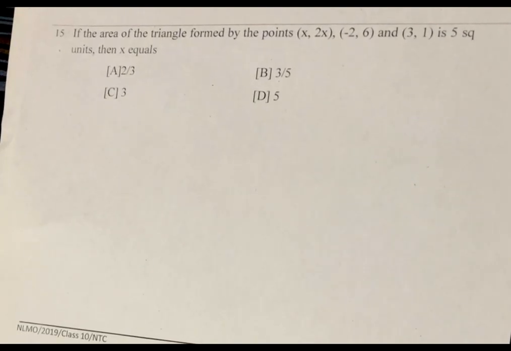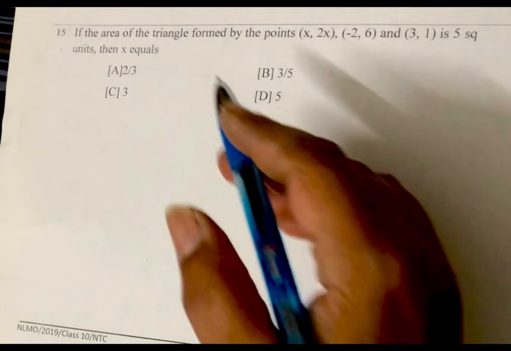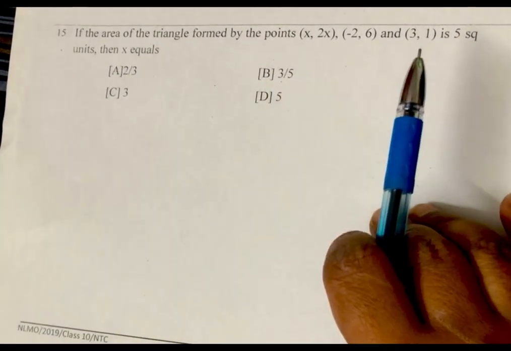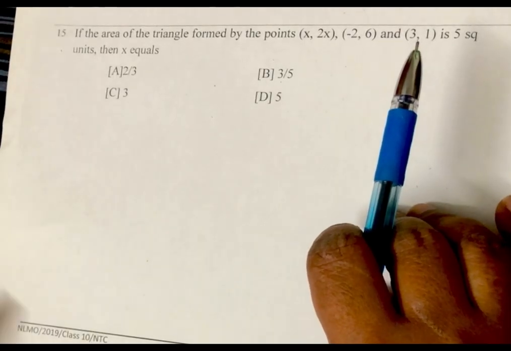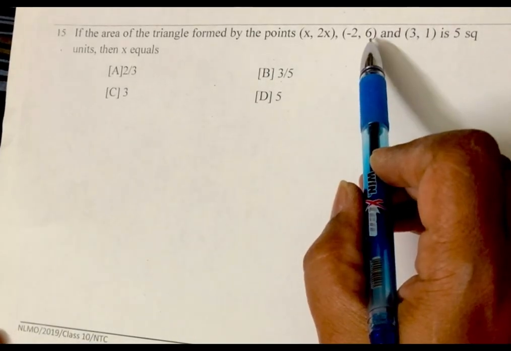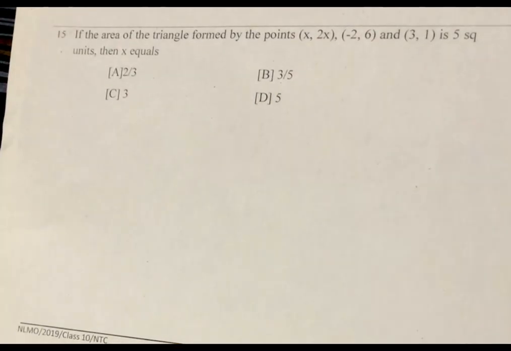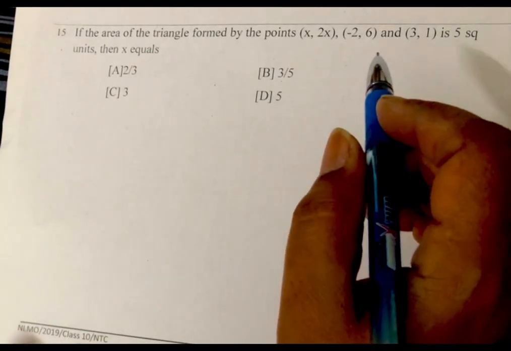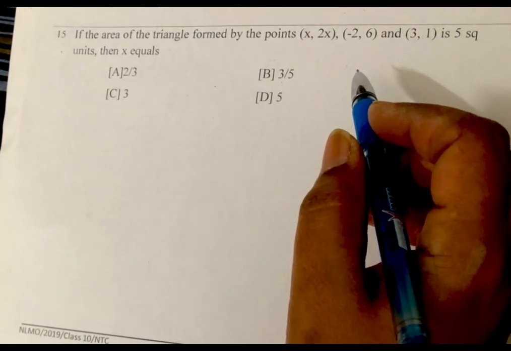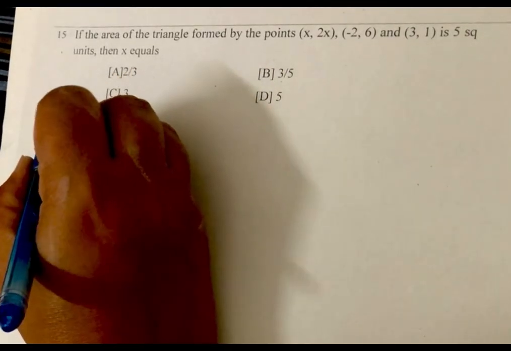Now look at question number 15. If the area of the triangle formed by the points (x, 2x), (-2, 6), (3, 1) is 5 square units, then x equals, we are given 4 options: 2 by 3, 3 by 5, 3 and 5. So here we use the direct formula for area of a triangle.